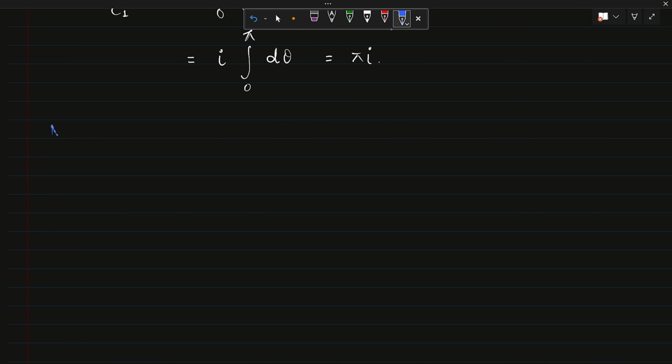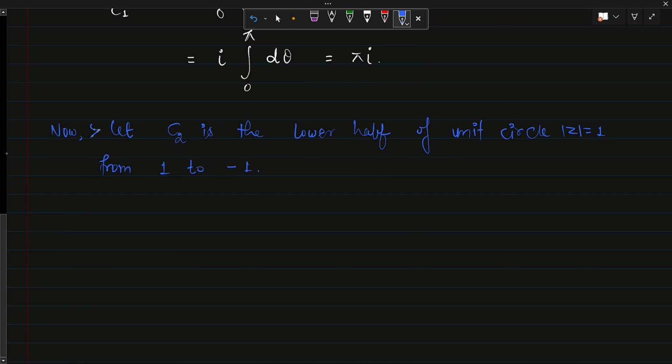Now let c2 be the lower half of the unit circle, which is mod of z equals 1, again going from 1 to minus 1. So let me write, this is our second kind of scenario.